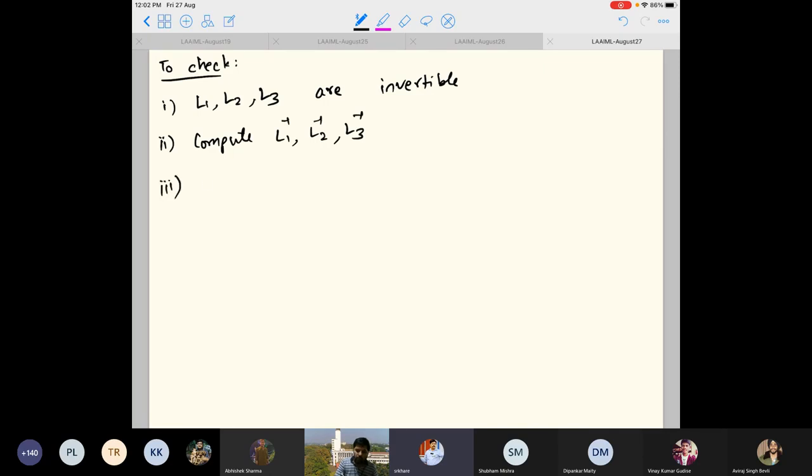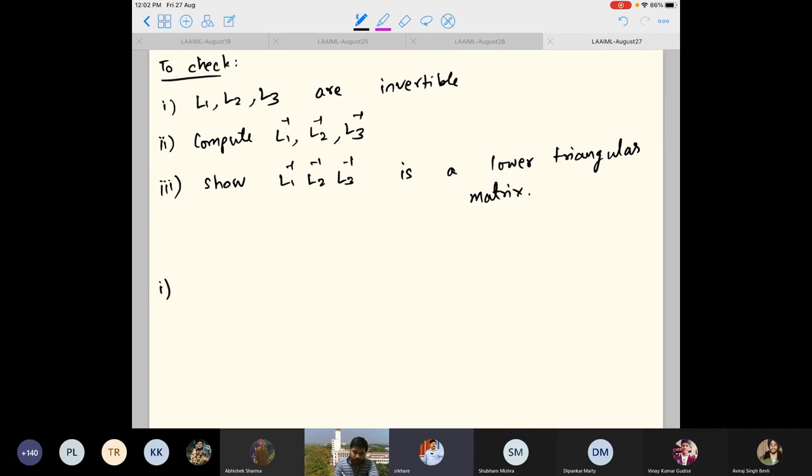And third thing, show L1 inverse times L2 inverse times L3 inverse is a lower triangular matrix. So if you can show these three things, then our job is done.